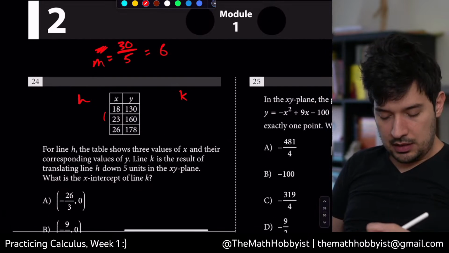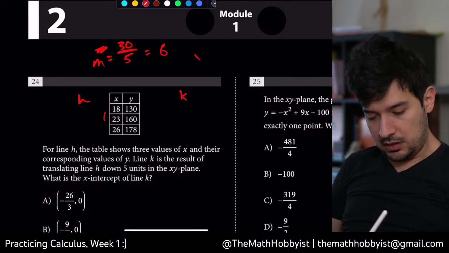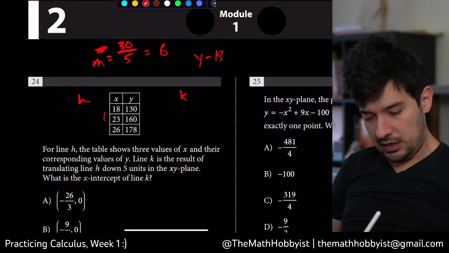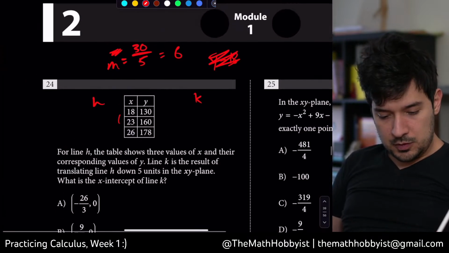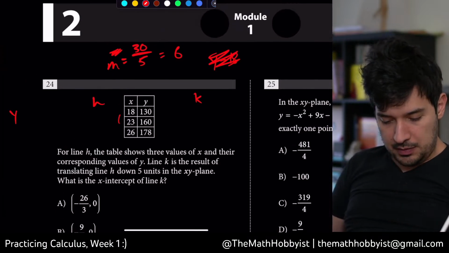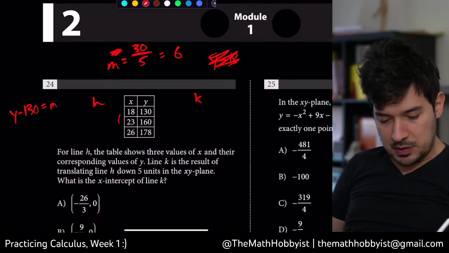And then we know, if we take one point, like y minus 130 equals m times x minus 18.